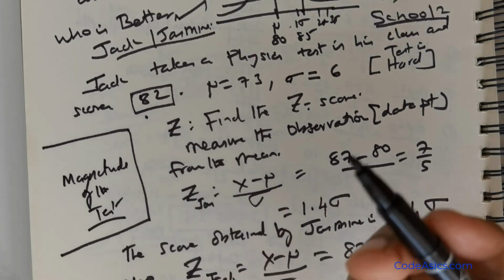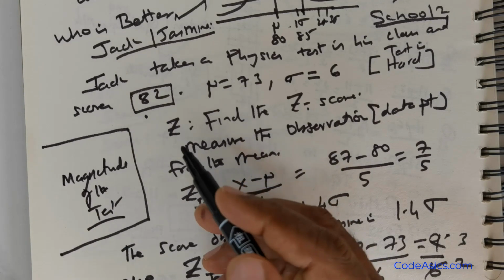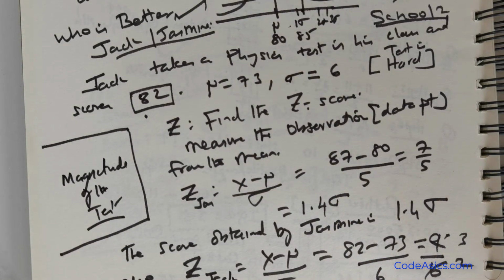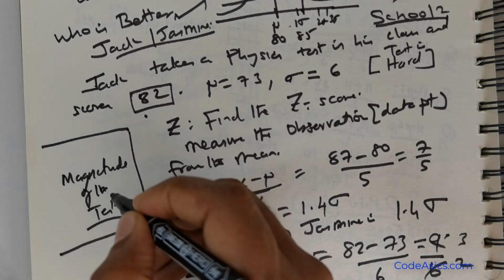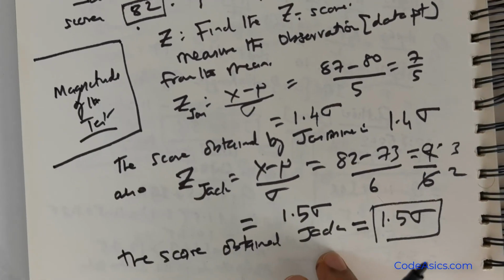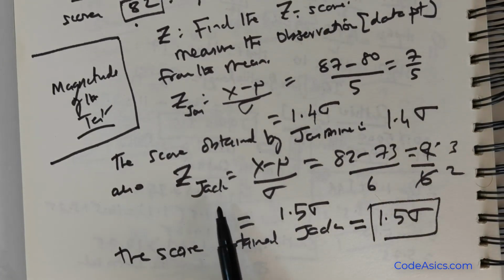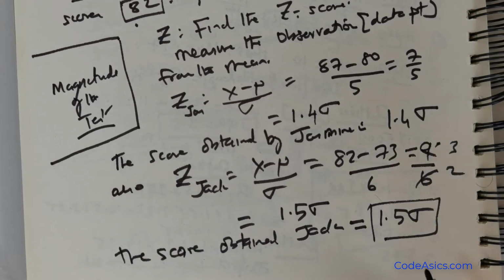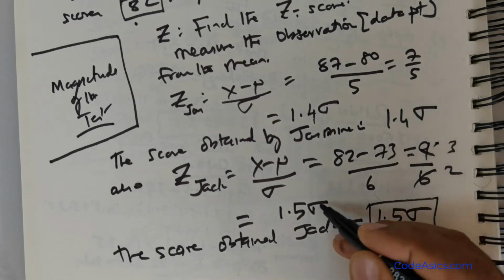You give an easy test, majority will score 90s and 95s and 97s, but who wants the majority, right? In statistics, we are looking for that element of uniqueness, and that is achieved by z-score. So this person appears to have scored less, but has been given a harder test, yet has been able to move further away from the mean. So he is the winner.